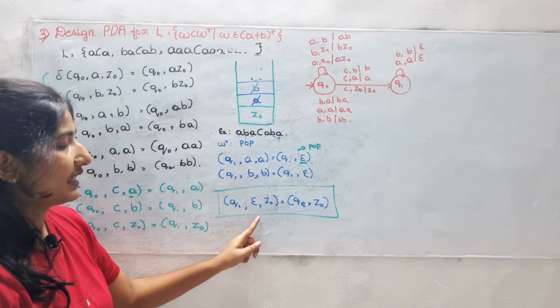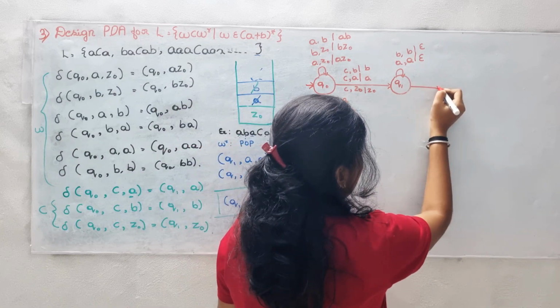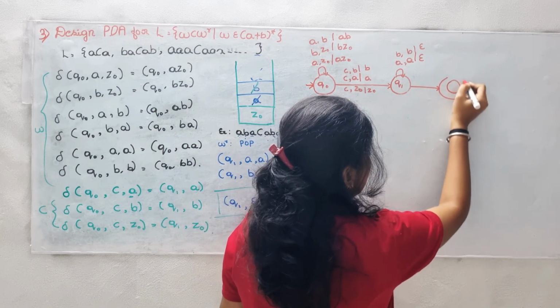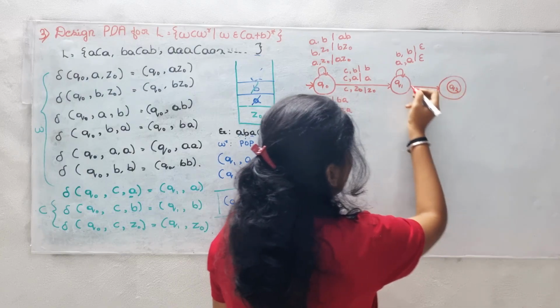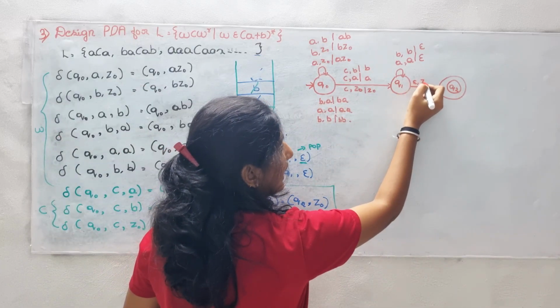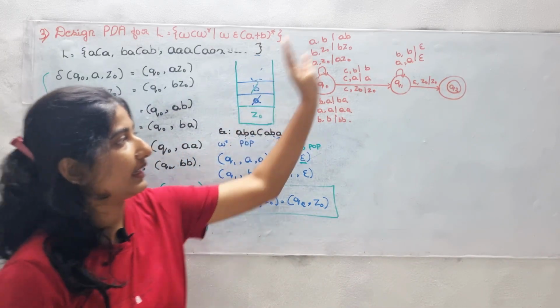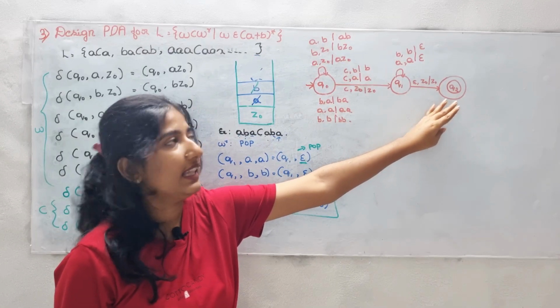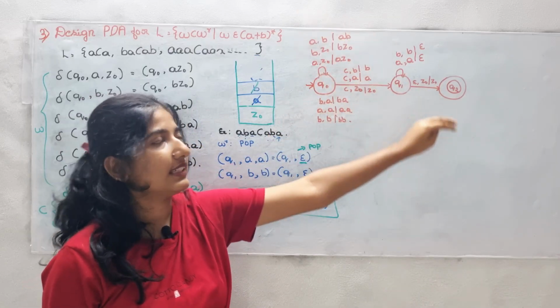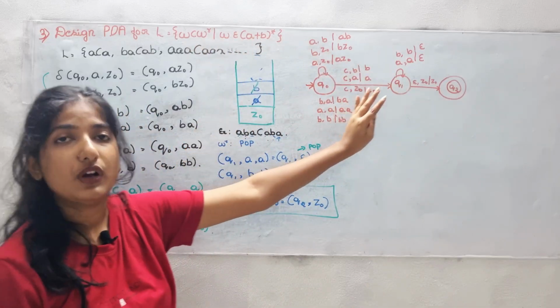And the final case is this one: only when the stack is empty I have to move to the accepting state, that is Q2. When do I have to move? When there is no input symbol and the top of stack is Z0, then I have to move to the final accepting state. So this is the transition diagram for the PDA for w c w^R.